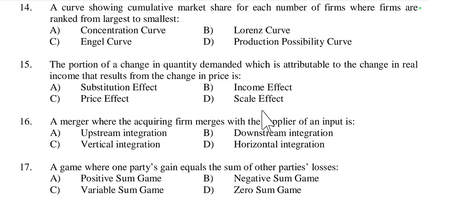It is called income effect, because the income effect refers to the portion of the change in quantity demanded that results from a change in a consumer's real income due to a change in the price of a good. So when the price of a good decreases, the consumer's purchasing power increases, effectively making them richer, which can lead to an increase in the quantity demanded. So it is related with income effect.